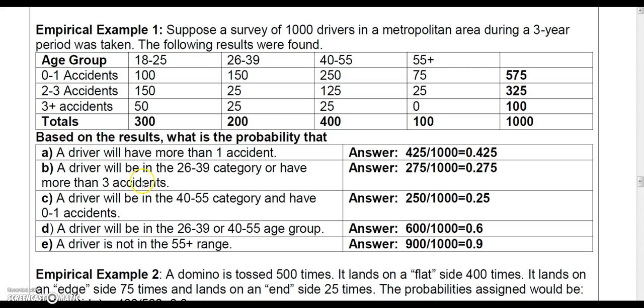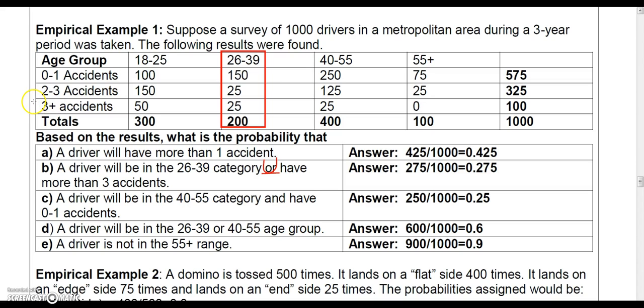Now the next case is what's the probability the driver will be in the 26 to 39 category or have more than 3 accidents. Now this "or" right here is really like a union. So we're looking for the union of two sets. Now you may remember that when you want to calculate the union, you take the number that's in the first set, and then you add the number that's in the second set. And what was the second set?